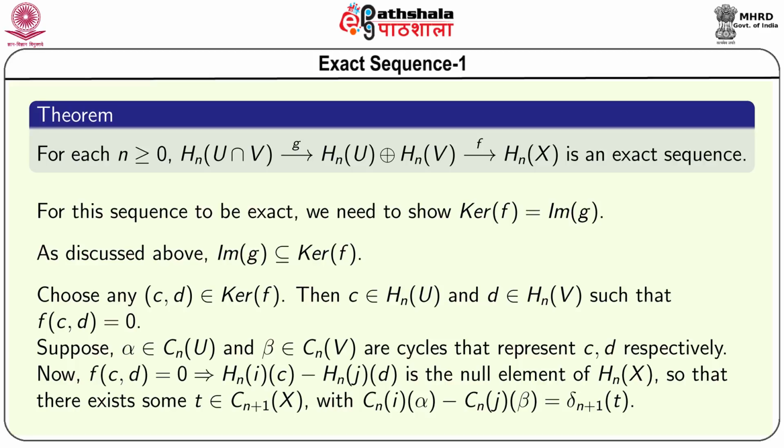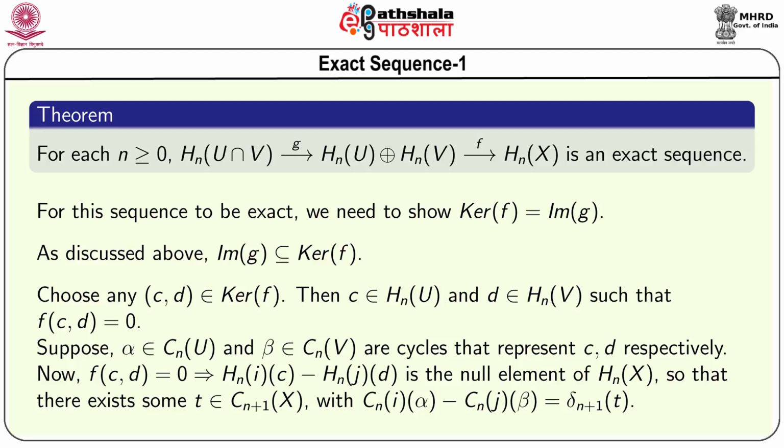That means we take a point (c, d) from the kernel of f and wish to show that it is a member of the image of G. Since (c, d) is in the kernel of f, c is in H n U and d is in H n V, such that f of (c, d) is equal to 0.